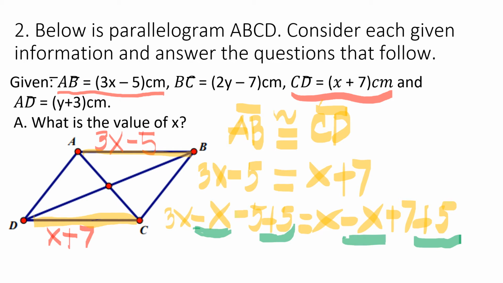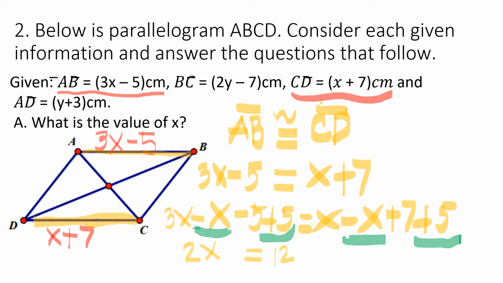So let's continue. 3x minus x is 2x. Minus 5 plus 5 is 0. So let's not put 0 there. Let's just move to the equal sign. And then x minus x is 0. 7 plus 5 is 12.